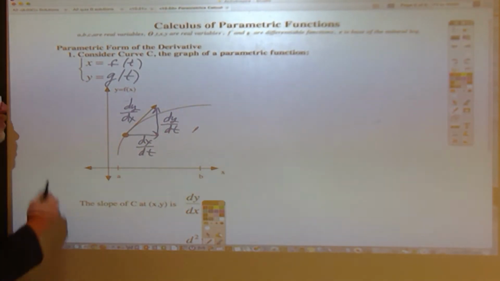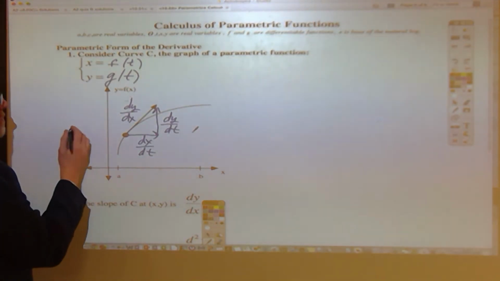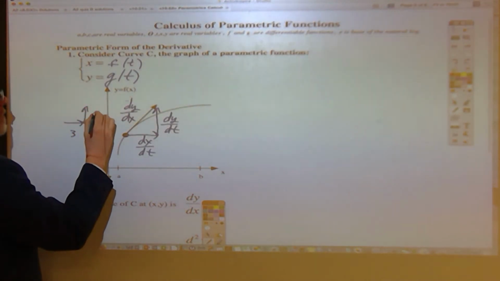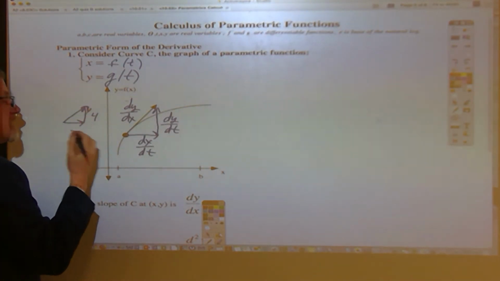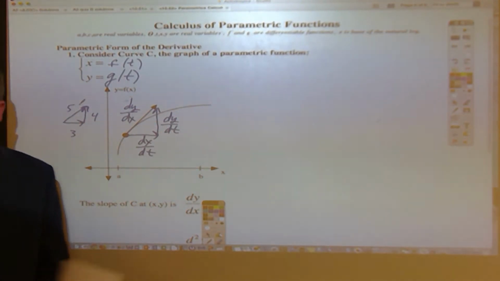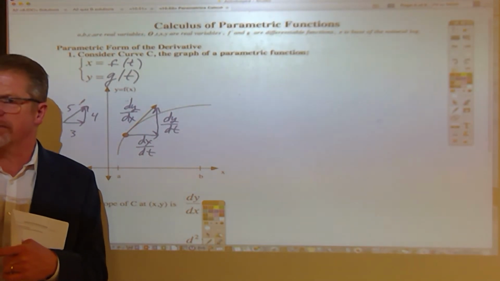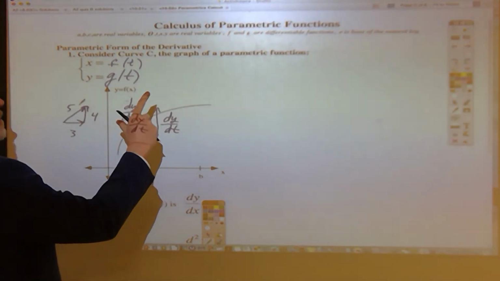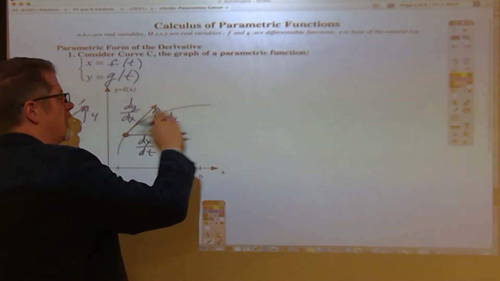So that means she's traveling 5 feet per second. If you had a baby traveling 3 feet per second to the right and 4 feet per second up, it's a 3, 4, 5 triangle, then the resultant velocity vector would be 5 feet per second. So you can take a vector quantity like a velocity and resolve it into its horizontal component and its vertical component. So the slope of the tangent line is tied to the velocity vector for a baby traveling along this path.